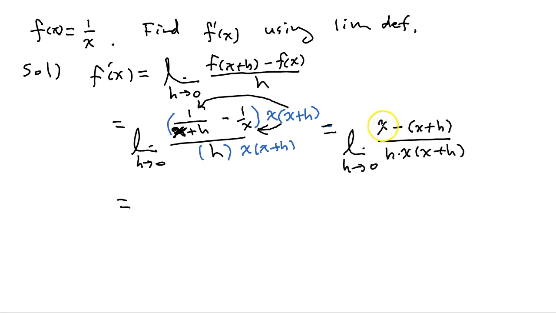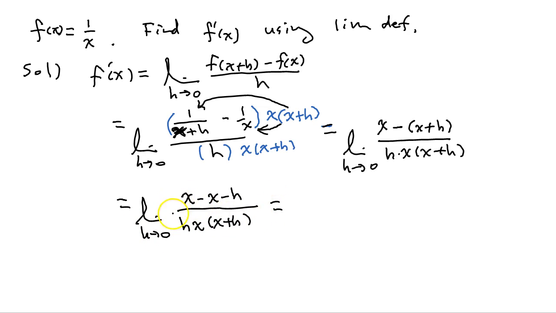It looks like we can cancel this x with this x if I get rid of the parenthesis. So let's do that. x minus x minus h divided by h x (x plus h), limit h going to 0.